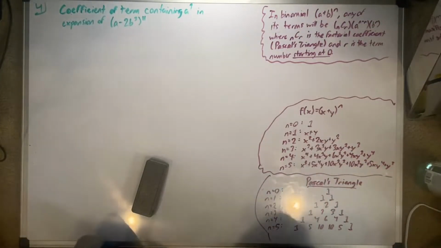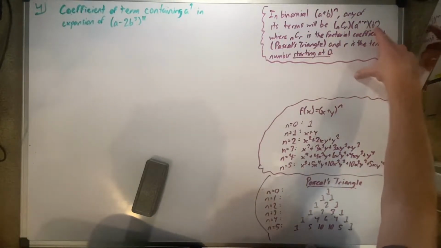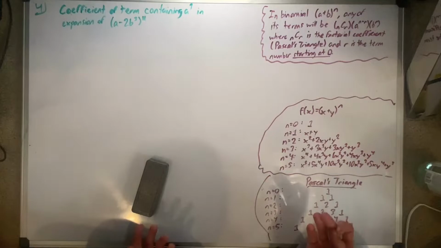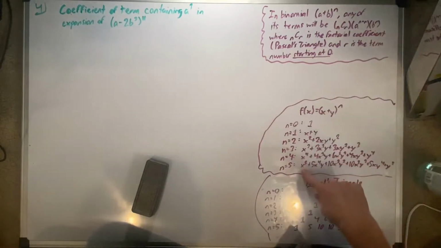So at term 0, x is to the 5th power, and then for b^r, r is 0 because it's the first term, so y to the 0th power is 1.